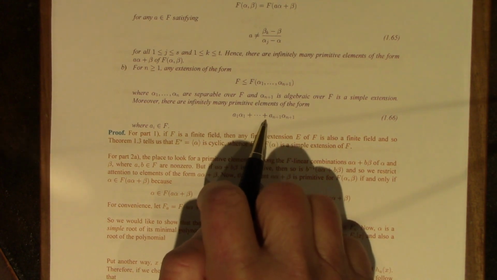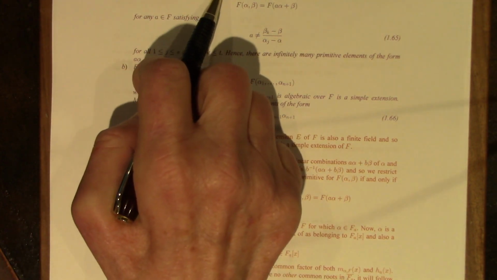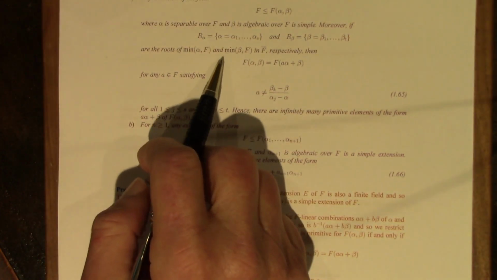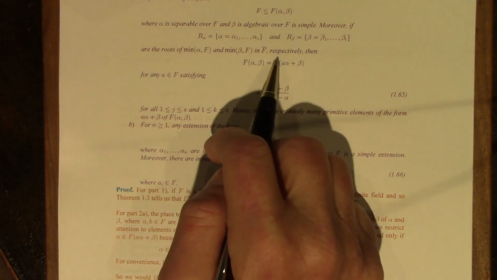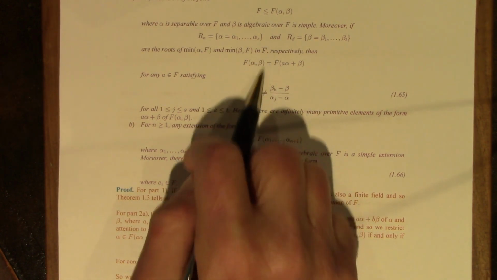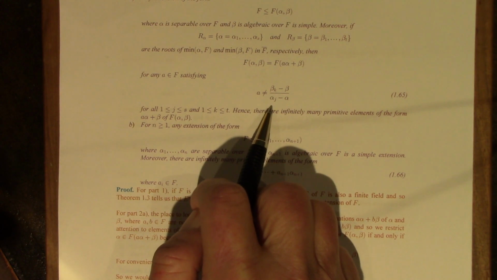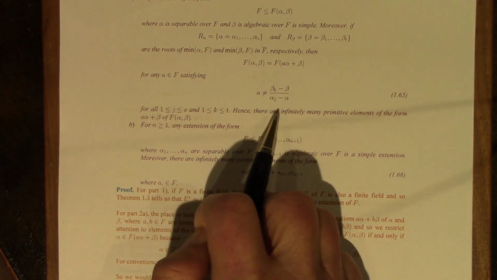How do you find those? Well, the way to do it is to use this part of the theorem and build primitive elements one step at a time by repeatedly applying this algorithm. And I'll leave that for you to look into if you're interested.